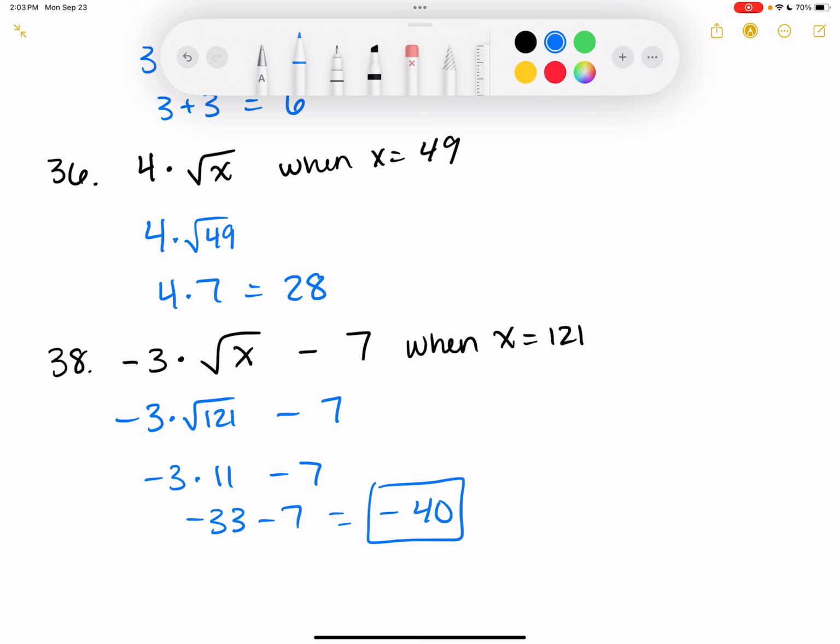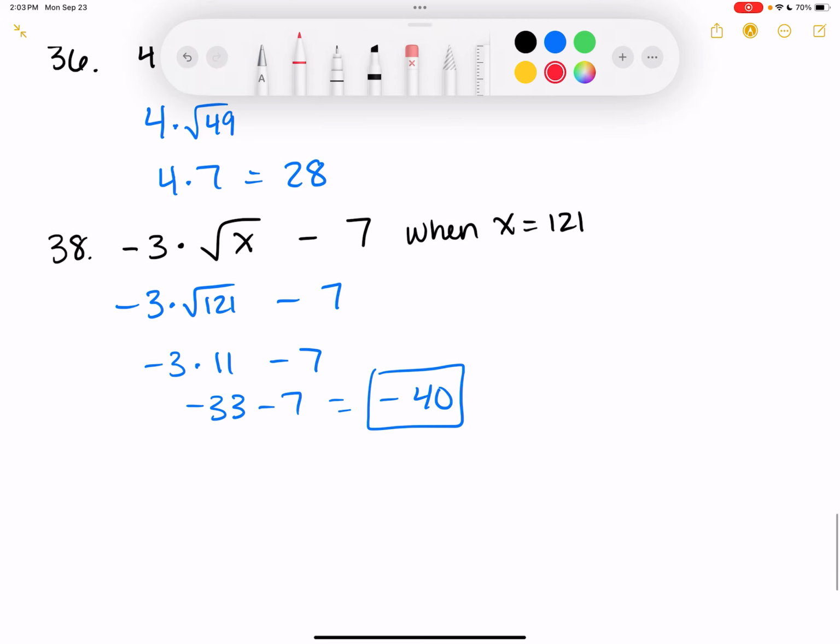All right, any questions about any of this stuff? All right, your problems, and you should have plenty of time to get them done now. 3, 5, 7, 9 is going to be a little harder, but it's going to kind of be like the one that we did, the square root of 1600.